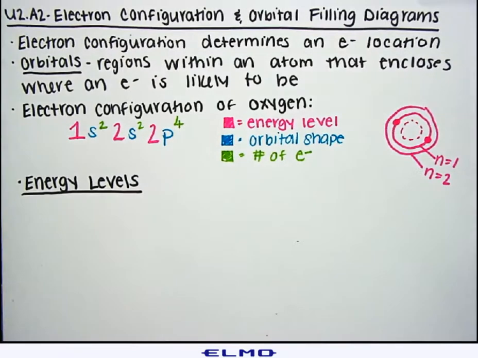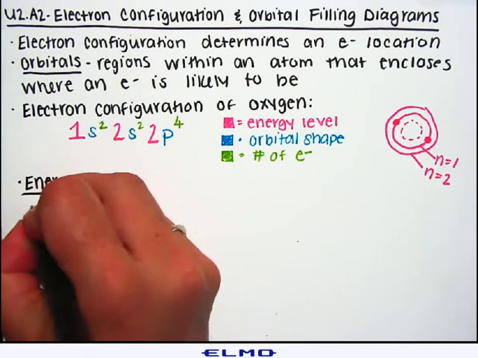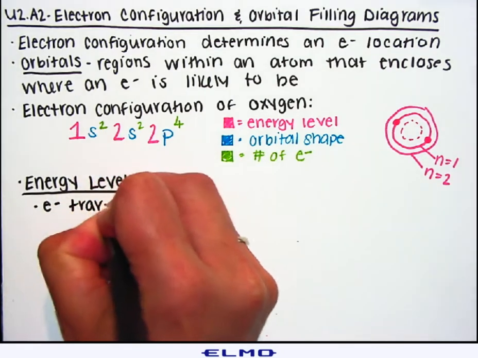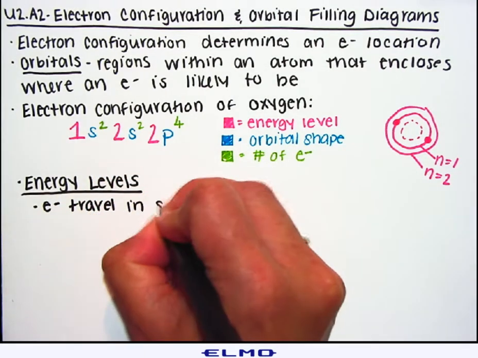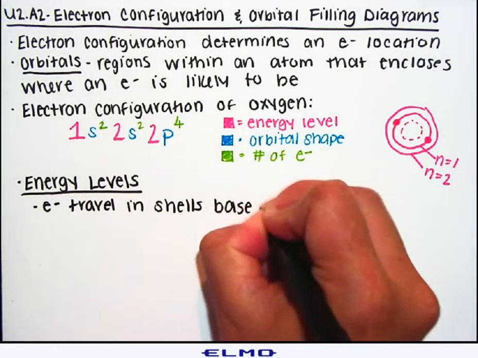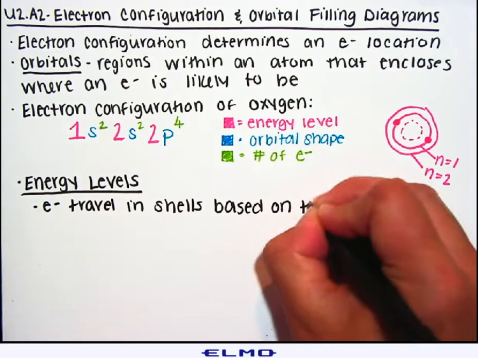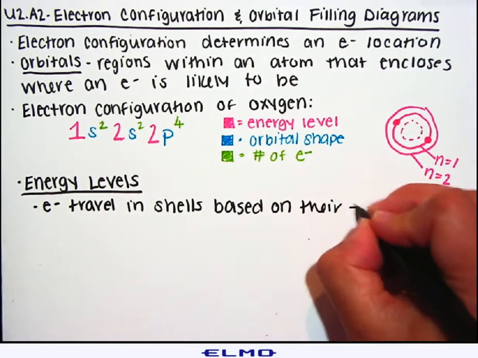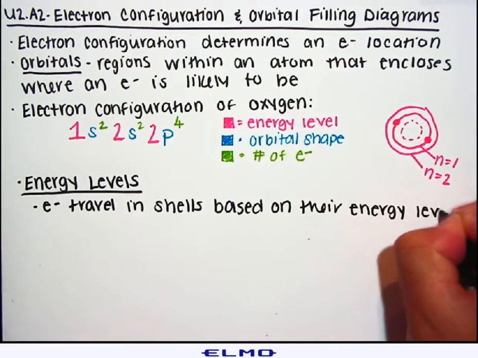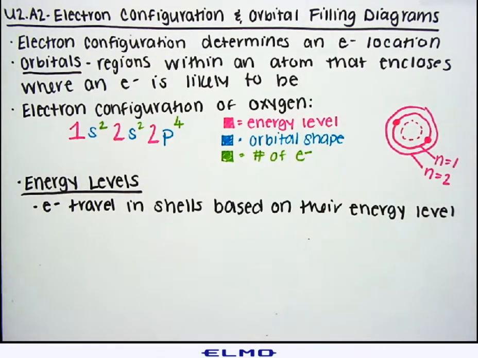Let's talk a little bit more about those energy levels. So we know that electrons travel in shells based on their energy level. Energy increases as we move away from the nucleus.